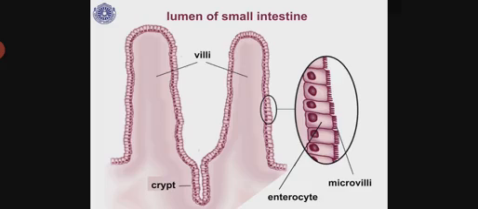And this is the view of the enterocytes, or the cells of the lining of the small intestine. As you observe here, there are microvilli forming the extensions of these cells. And as I said earlier, these cells are also called enterocytes.